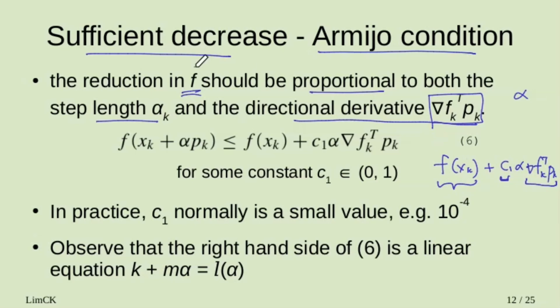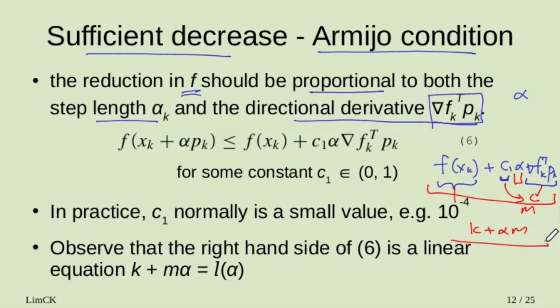The only variable we have here is alpha, or we can rewrite this one. If I call this k, and combine these two as m, this is in the form of k plus alpha m, right?